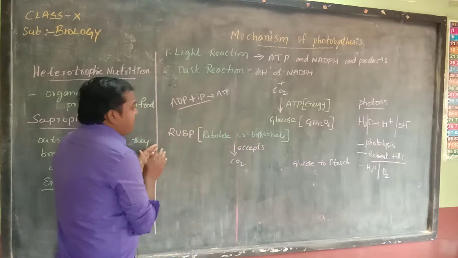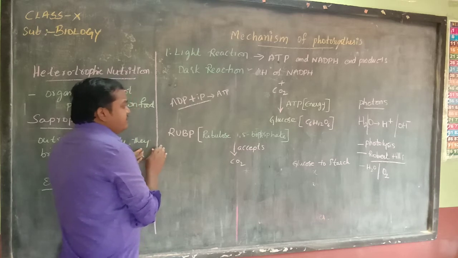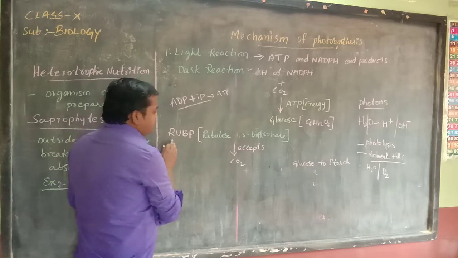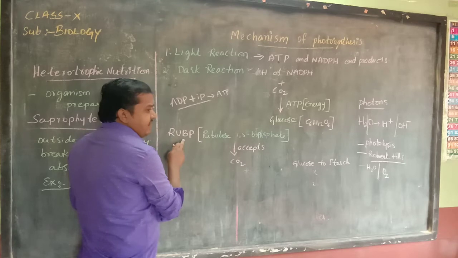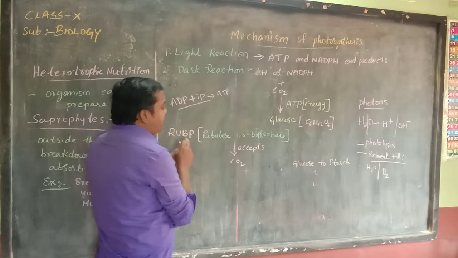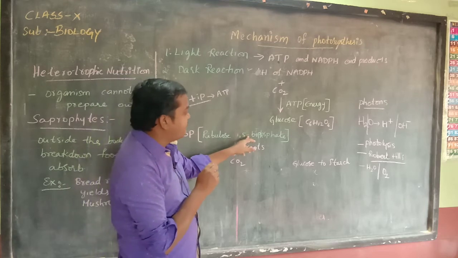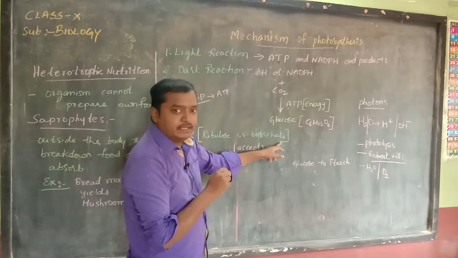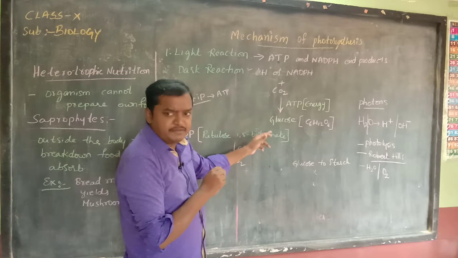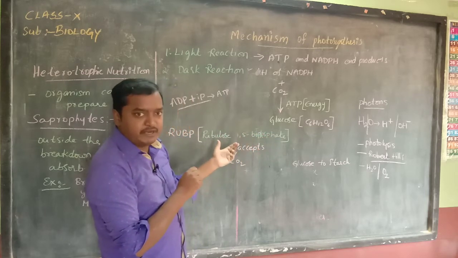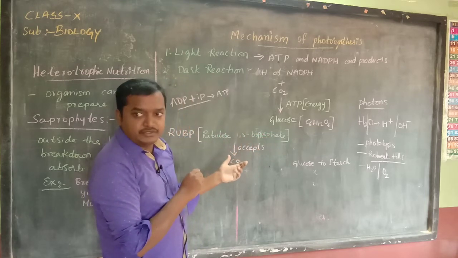Between this, one of the components is there which accepts CO2: RuBP, very important. RuBP full form is ribulose 1,5 bisphosphate. You will be learning how to name this in carbon compounds.